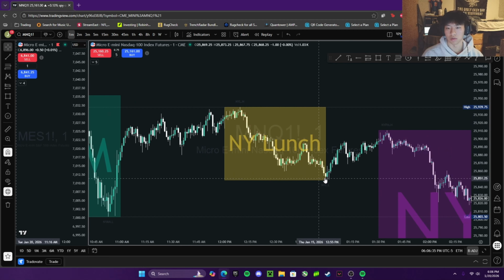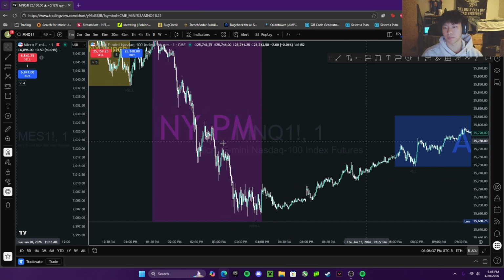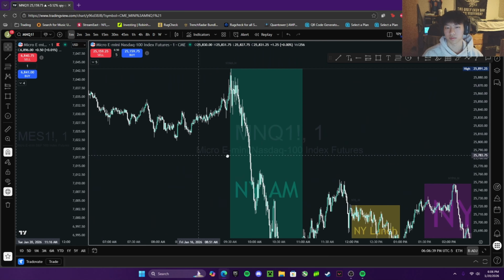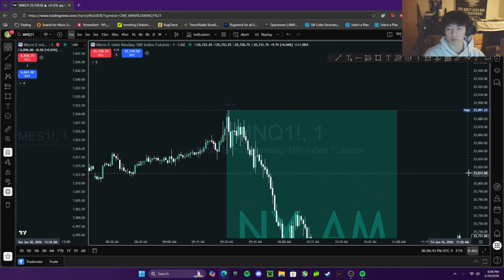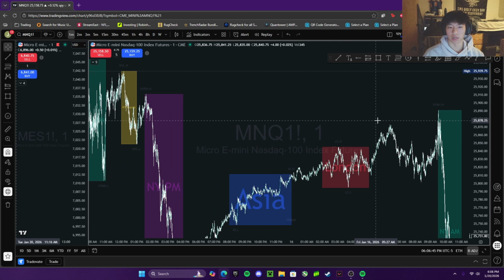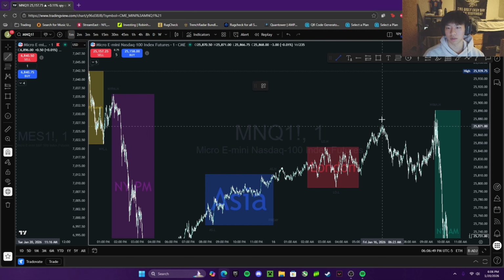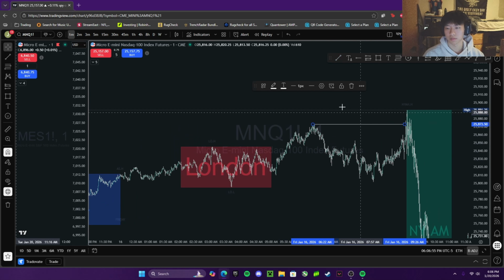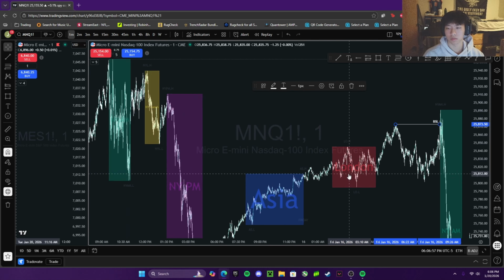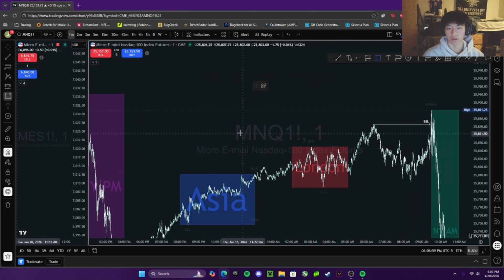And let's do this example as well. So coming right here, this kind of takes out already some sort of fair buy side liquidity right here. We have a fair value gap.